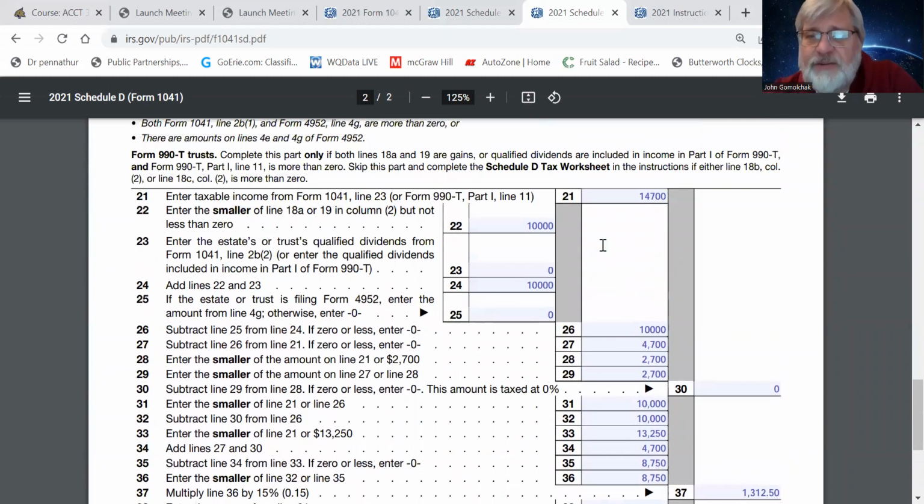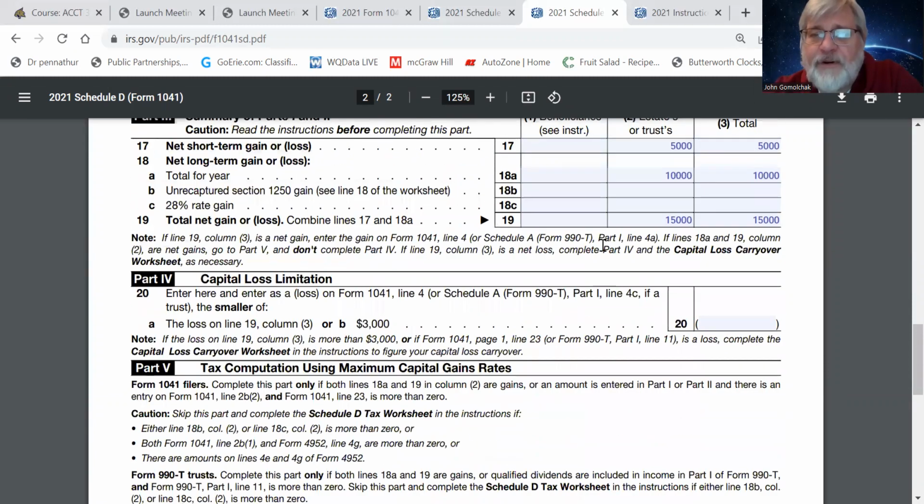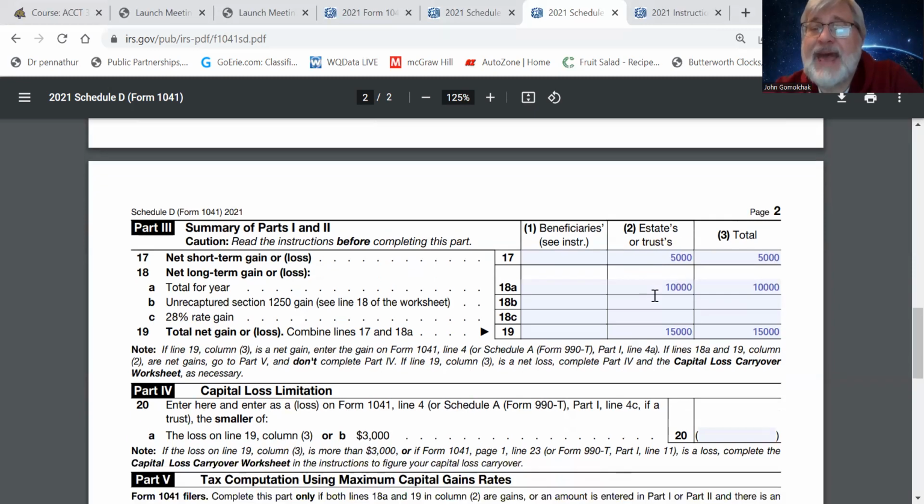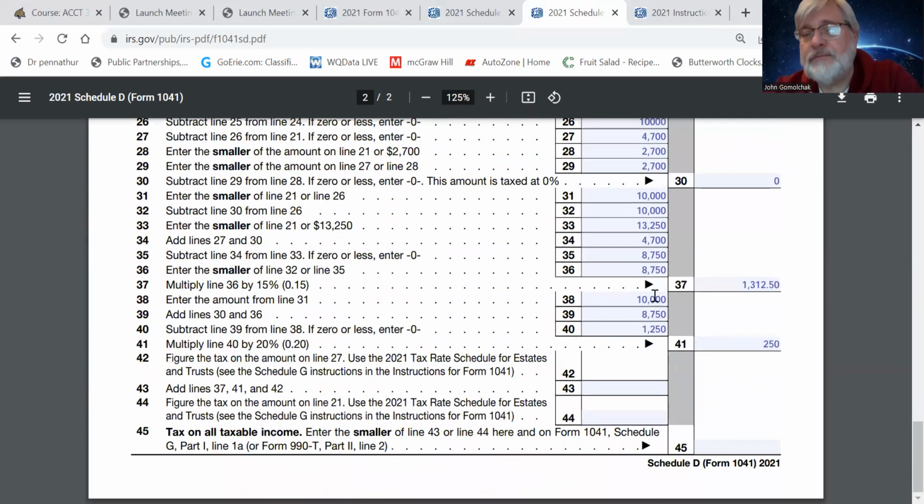That $4,700, if you go up far enough on the Schedule D, is the short-term gain minus our exclusion. Because the short-term gain is taxed as ordinary income, it doesn't get the preferential treatment. What we're doing on this form now is calculating the tax at the ordinary tax rate, because we have to pay that tax on what's going to be taxed as ordinary income.